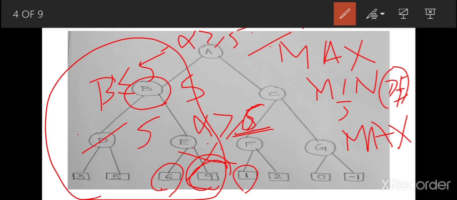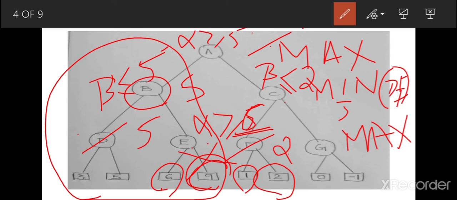Currently alpha should be greater than or equal to 1, and then we consider the next node, that is 2. The maximum of 2 and 1 is 2. So node F is 2 and that value is passed to C. C is minimum, so beta should be less than or equal to 2.